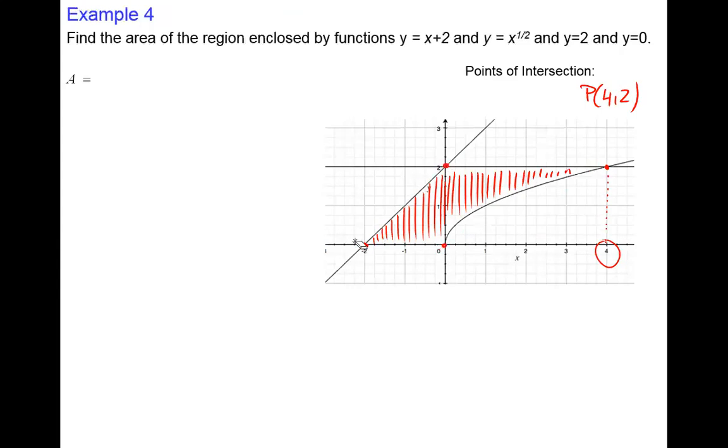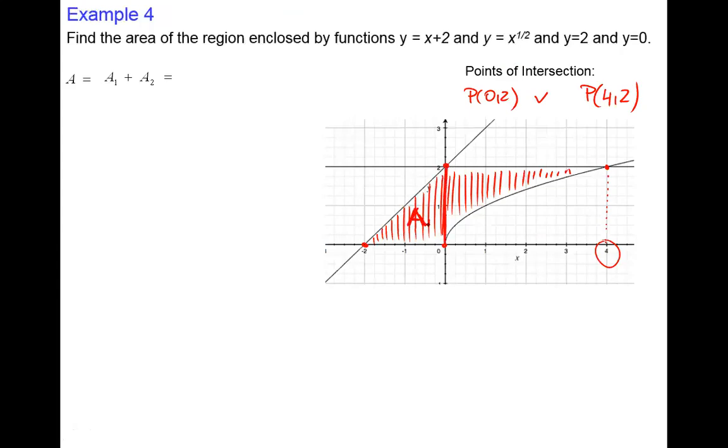I mean, these two are the points of the intersection for the other curve, the line and 2. That means I can say 0, 2.